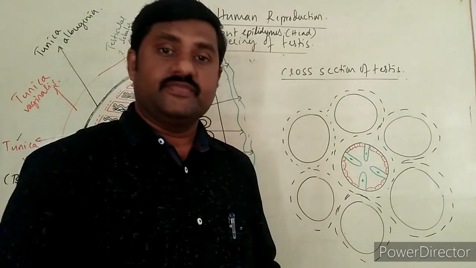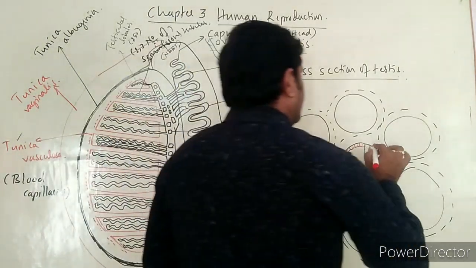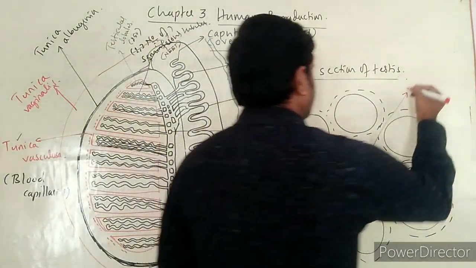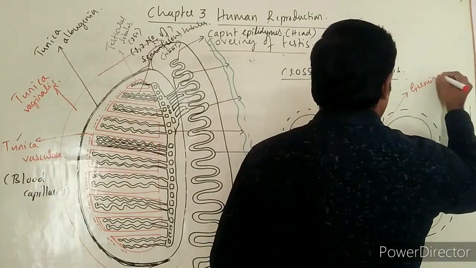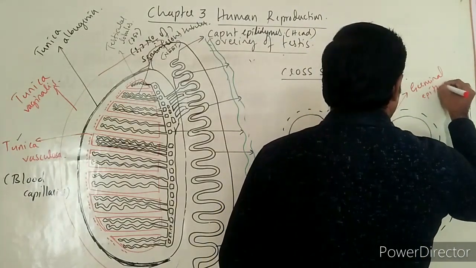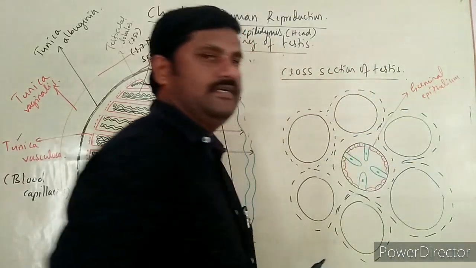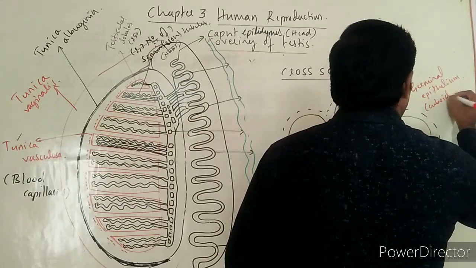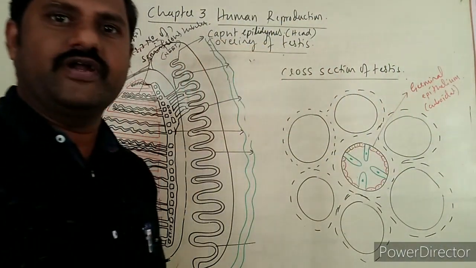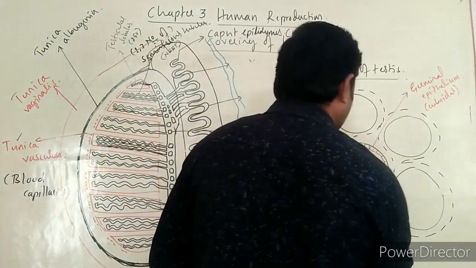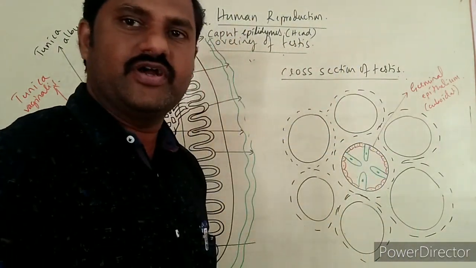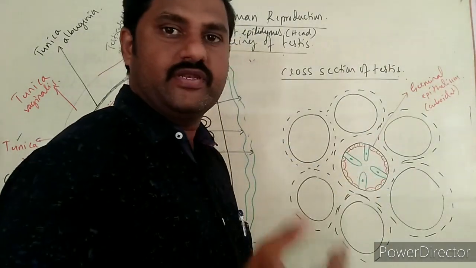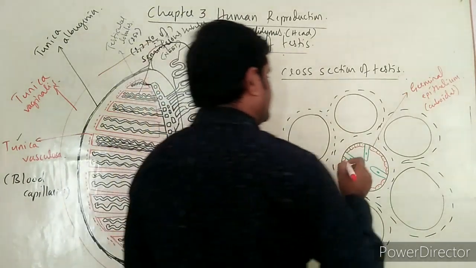Now we came to know that each seminiferous tubule is lined by germinal epithelium. Germinal epithelial cells are cuboidal in nature, and they undergo mitotic division so as to produce specialized cells.